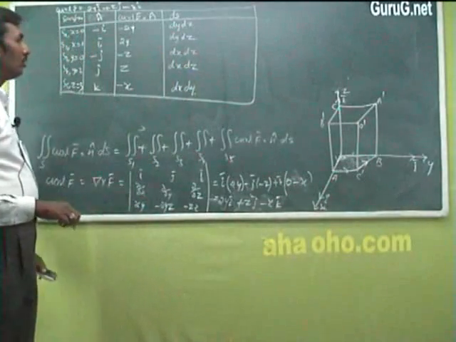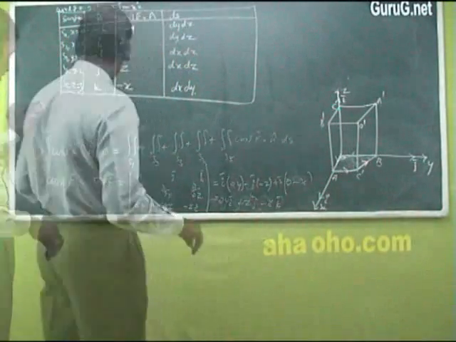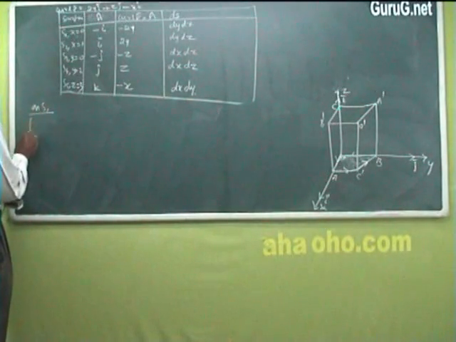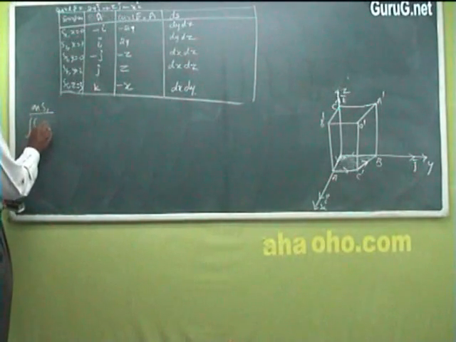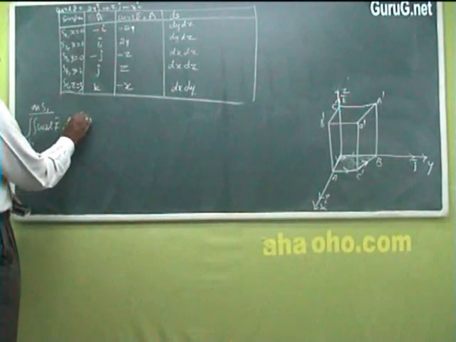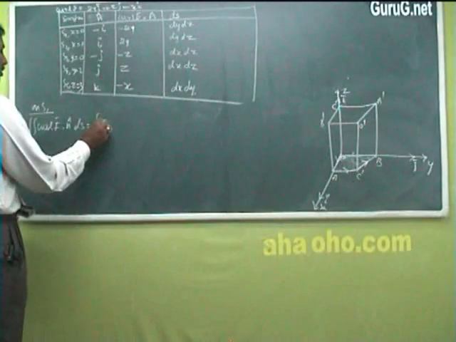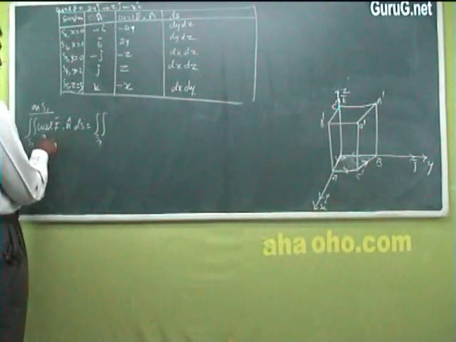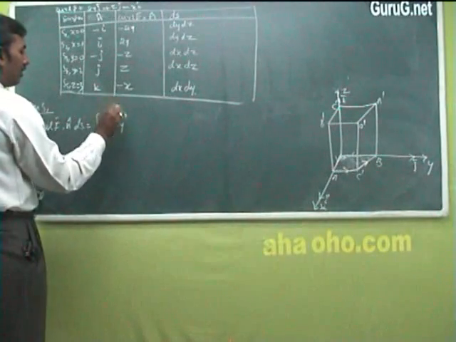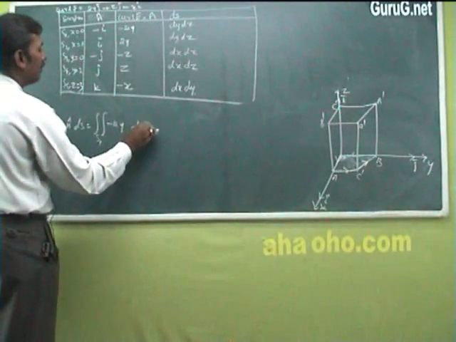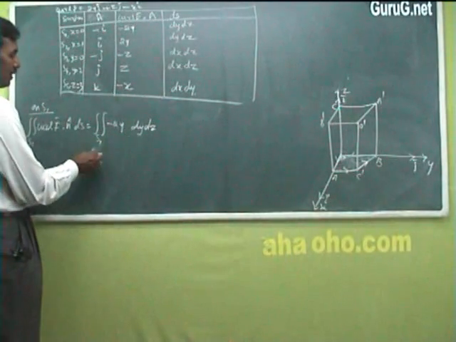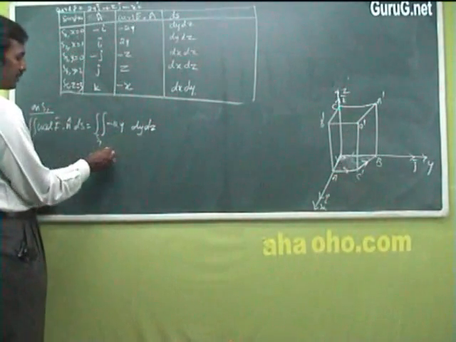So now I have to integrate this. So on S1, double integral over S1, curl of F dot n cap ds equal to double integral over S1, curl of F dot n cap into minus 2y dy dz. Write the y limit and z limit. So y varies from 0 to 2 and z varies from 0 to 3.